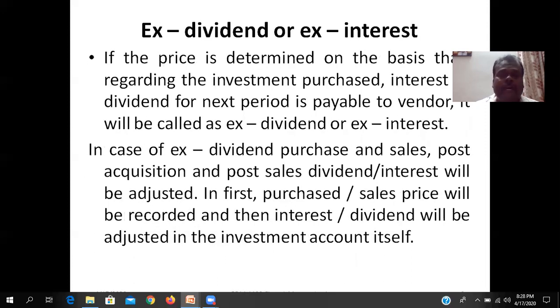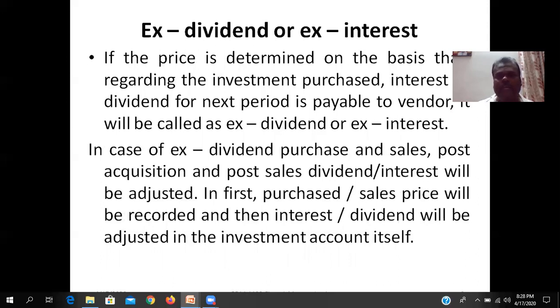At the same time, we can think about what ex dividend or ex interest is. If the price is determined on the basis that, regarding the investment purchased, the interest or dividend for the next period is payable only to the vendor. You know that cum dividend is payable only to the purchaser. If it is ex dividend or ex interest, that should be payable only to the vendor.